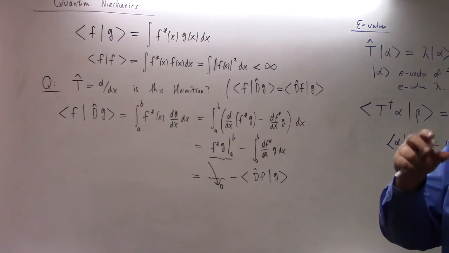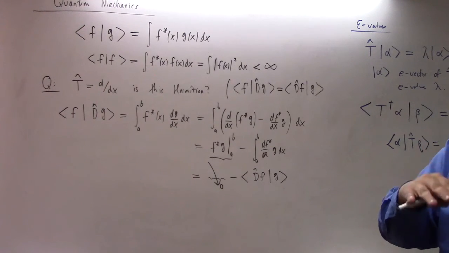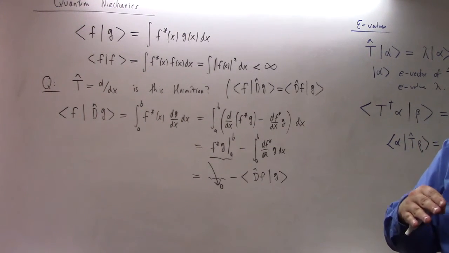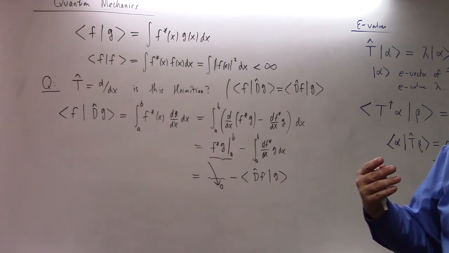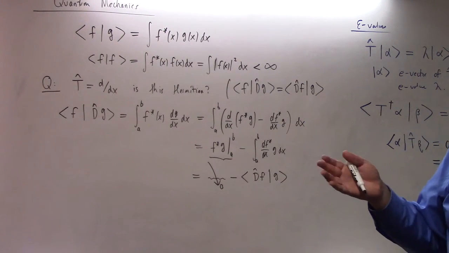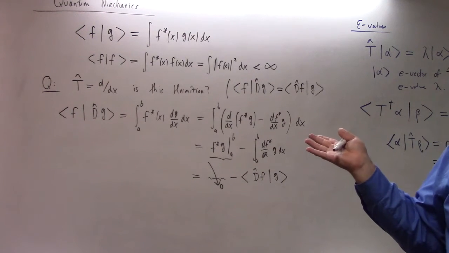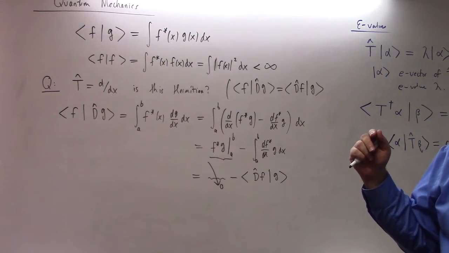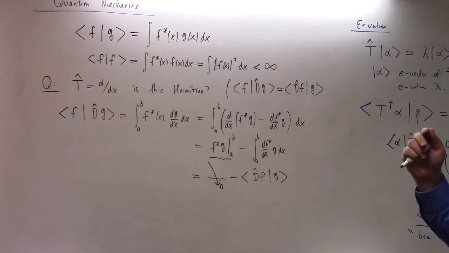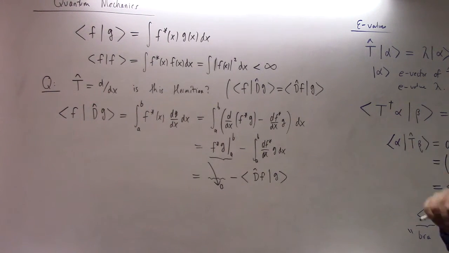So for an operator to represent something that we measure classically as a real number, it has to be a Hermitian operator, because those are the ones with real eigenvalues. So this shows that the straight up differentiation operator does not represent a real physical observable, because it's not Hermitian, so it doesn't have real eigenvalues.